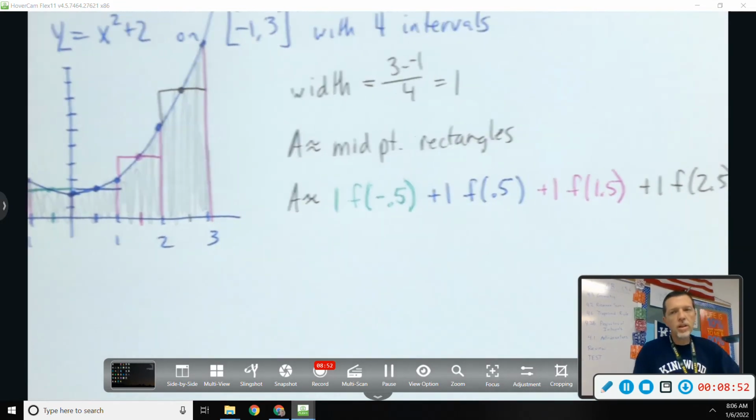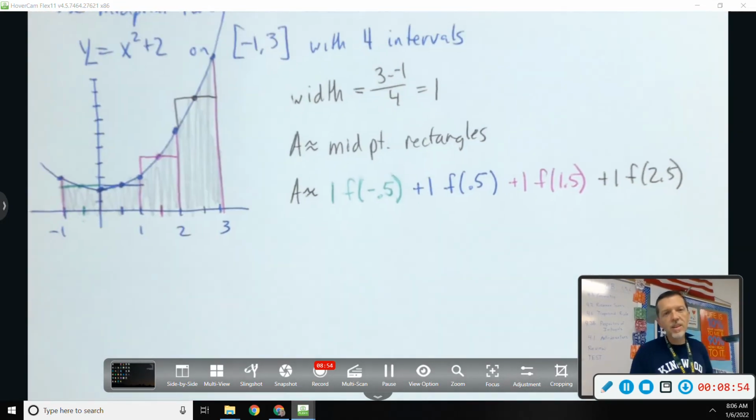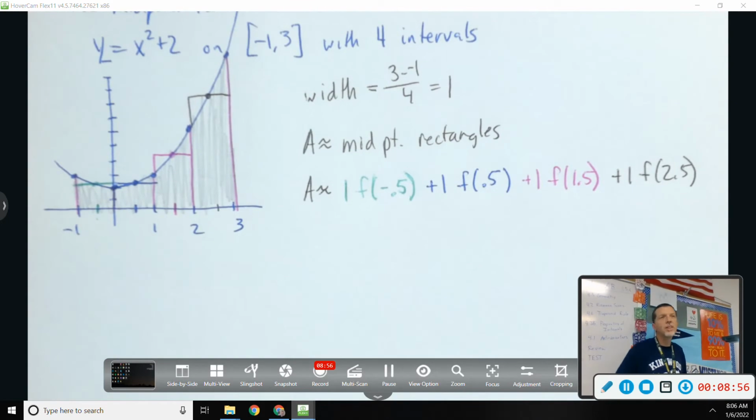So we're using the midpoints of the intervals rather than a left or a right. And I think you could see that the midpoint approximation for this problem would be better than the left or the right. I feel like that would be a pretty close approximation on this one.